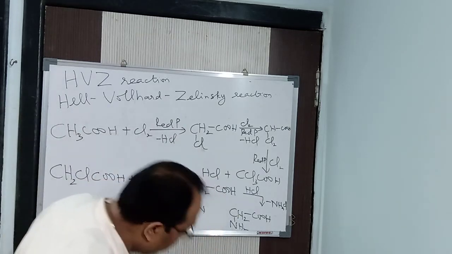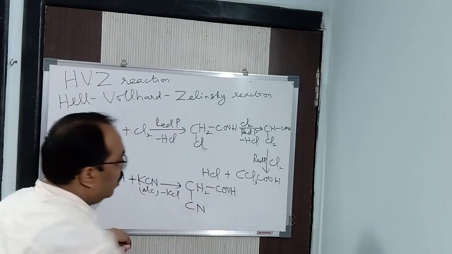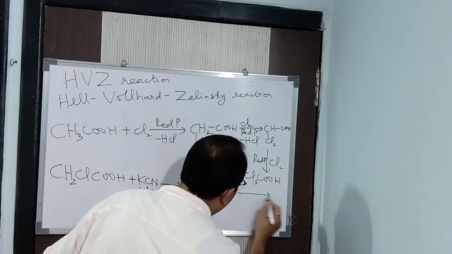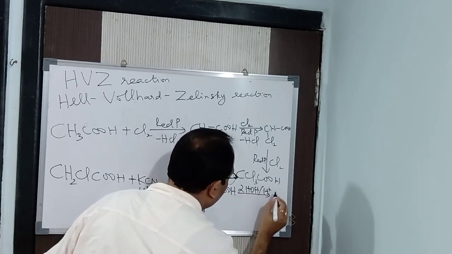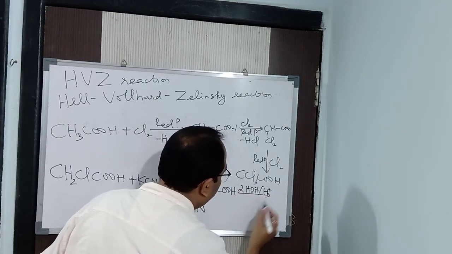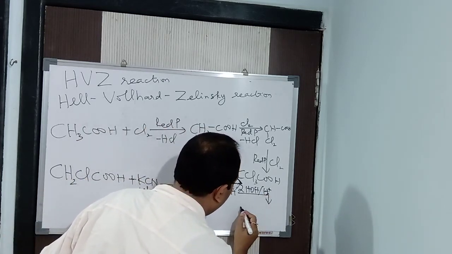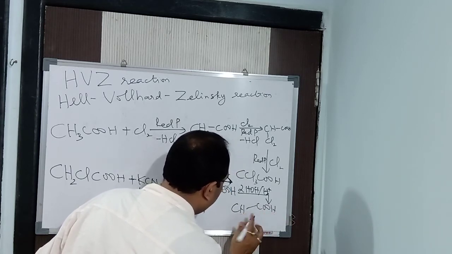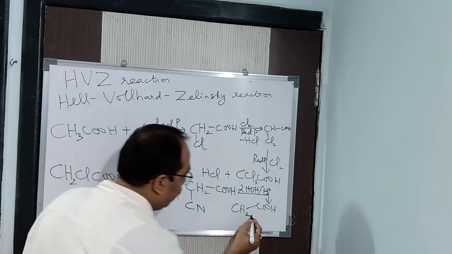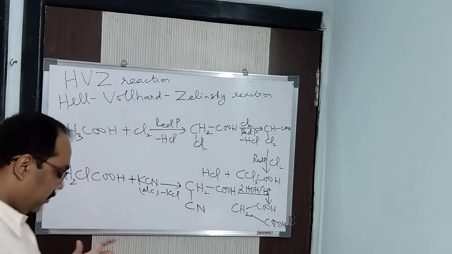Now this, what you will do is go for complete hydrolysis. I have told you, if you go for complete hydrolysis it means 2HOH/H plus, 2 molecules. CN will be converted into COOH. So what will you be getting? CH2, one COOH is already there, and one more CN is converted into COOH.